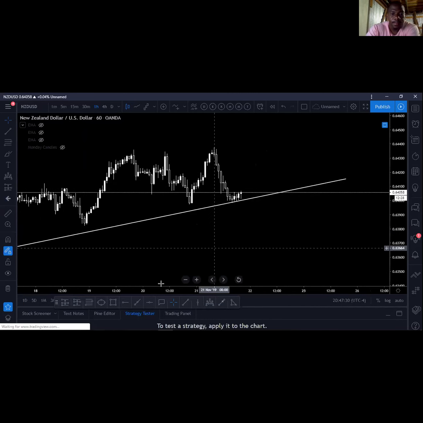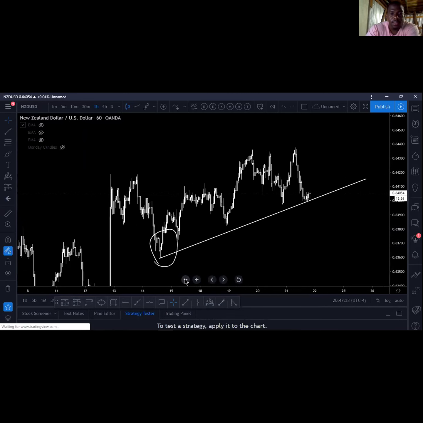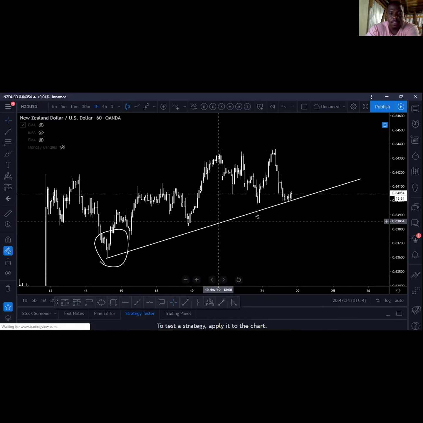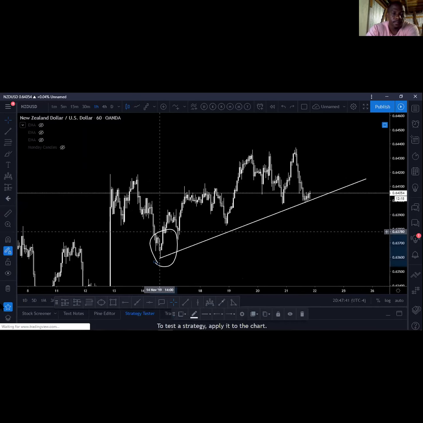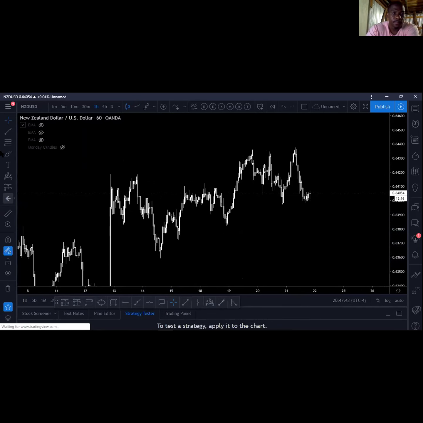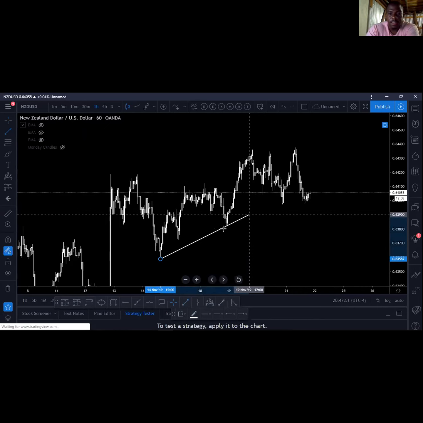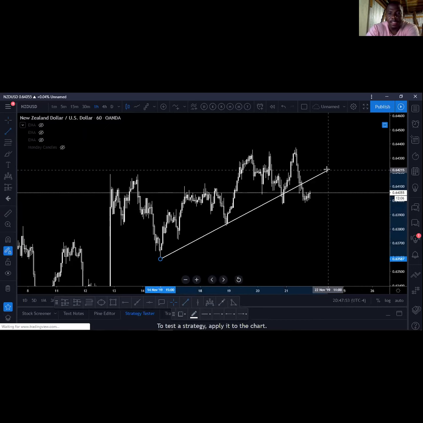All right, so I use the swing points to plot my trend line. I will use these swing points to plot my trend line, and I can just use these two mainly and extend.